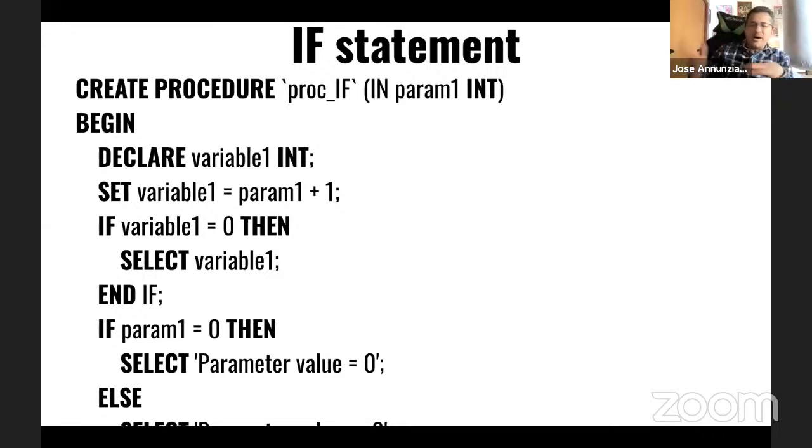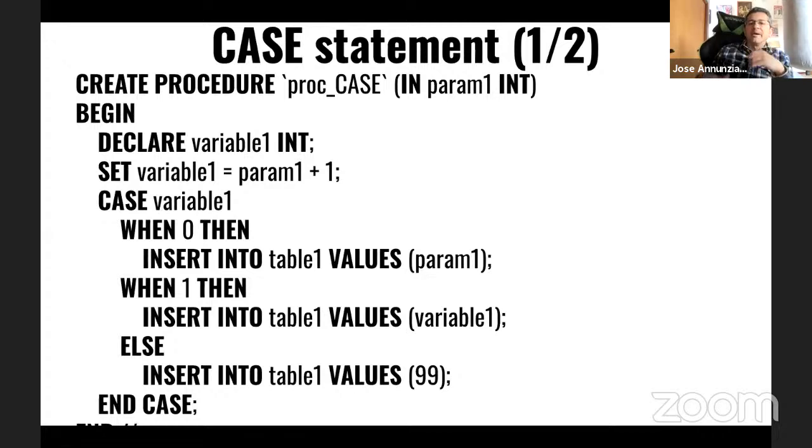You can follow a particular path or not. Case allows you to implement things such as a switch case, where you can compare a specific expression against multiple values. You can do a switch on a particular variable and then case.